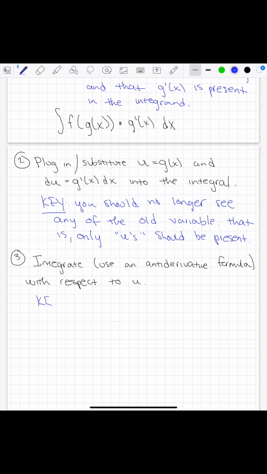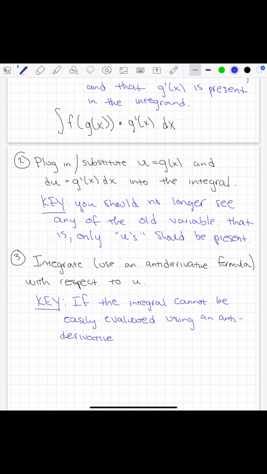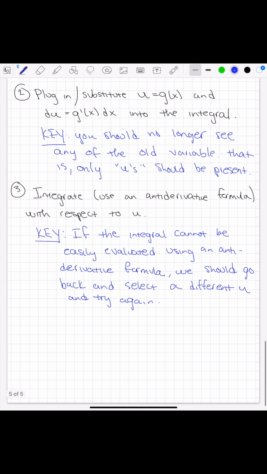The key here is if the integral cannot be easily evaluated using an antiderivative formula, we should go back and select a different u and try again.